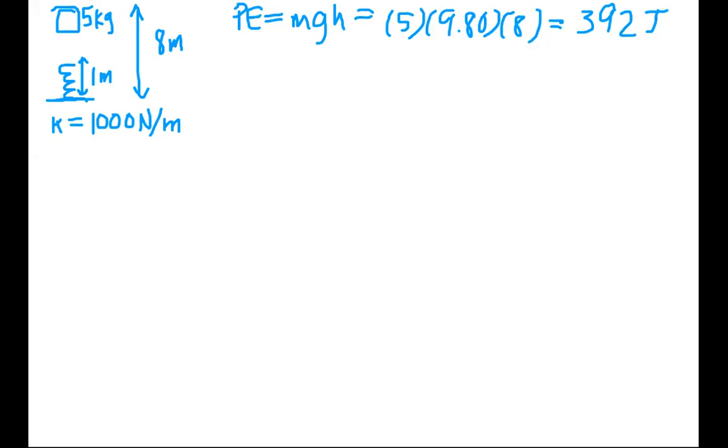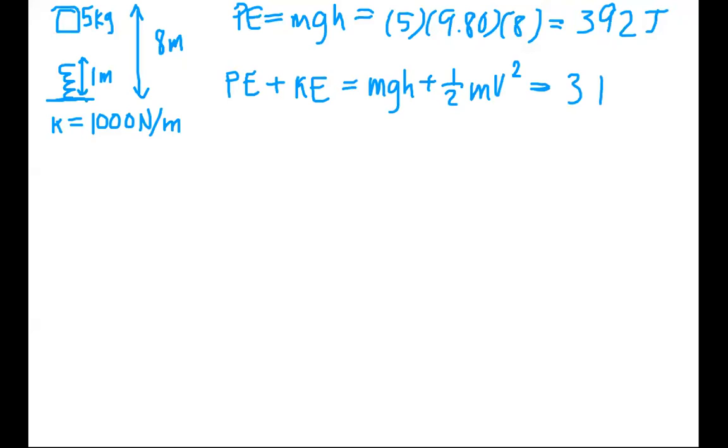So at that point, we have potential energy plus kinetic energy, which would be mgh plus 1/2 mv squared. And what would that all be equal to? Well, by the conservation of energy, it would have to sum to 392 joules still, because you cannot lose or gain energy in our system.